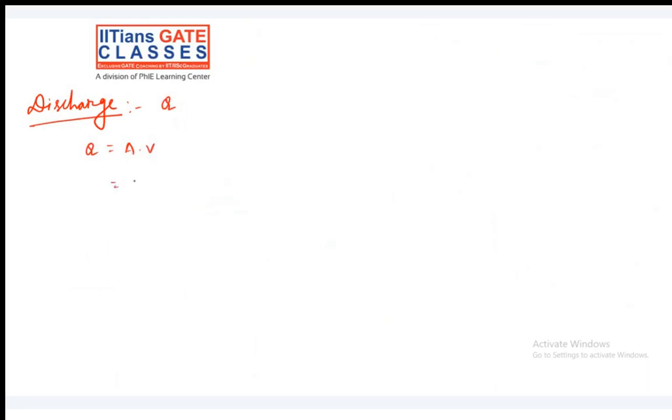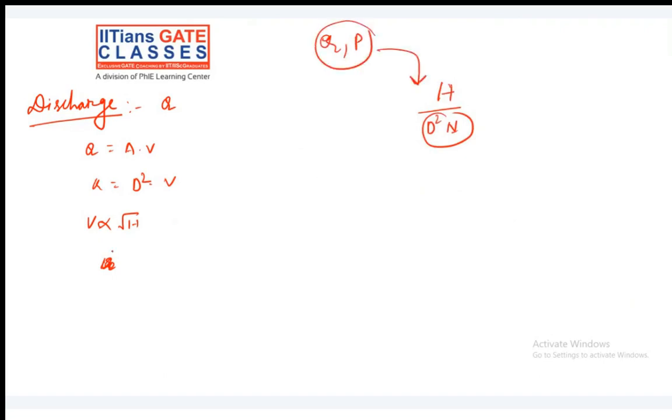For area we know this is D square, and velocity is proportional to the square root of H. Now we need to eliminate H. Have you seen that we have only the variables D and N? There is no other variable like Q or P included. Similarly, we will eliminate the operating conditions.